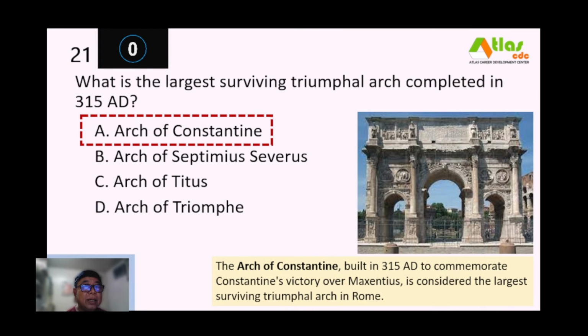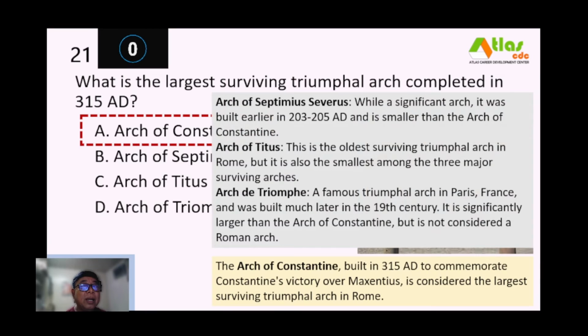So the Arch of Constantine, built in 315 AD to commemorate Constantine's victory over Maxentius, is considered the largest surviving triumphal arch in Rome. Now, the Arch of Septimius Severus, while a significant arch, was built earlier, in 203 to 205 AD, and is smaller than the Arch of Constantine.